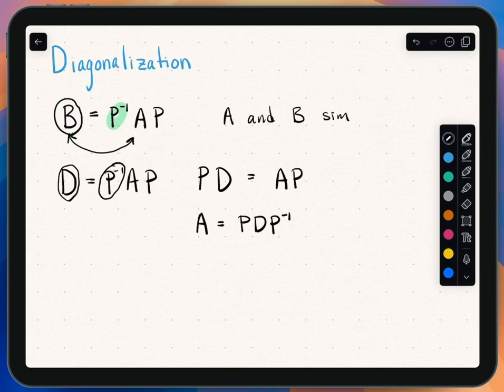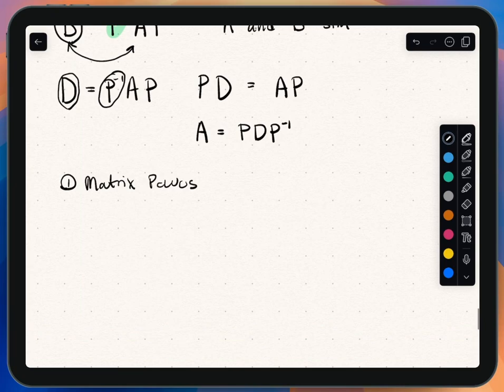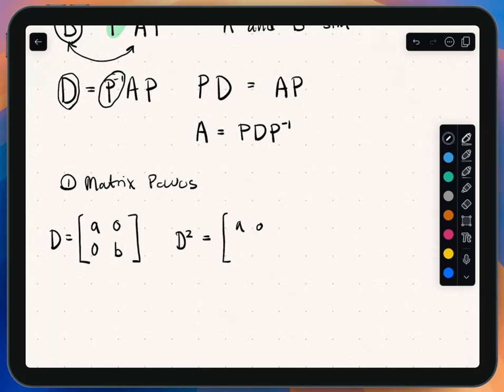Well, for one, it helps us efficiently compute matrix powers. Because if we have a diagonal matrix, let's say the diagonal matrix with entries A and B, and I take the square of it, D squared, that's just the matrix with A, 0, 0, B multiplied twice.